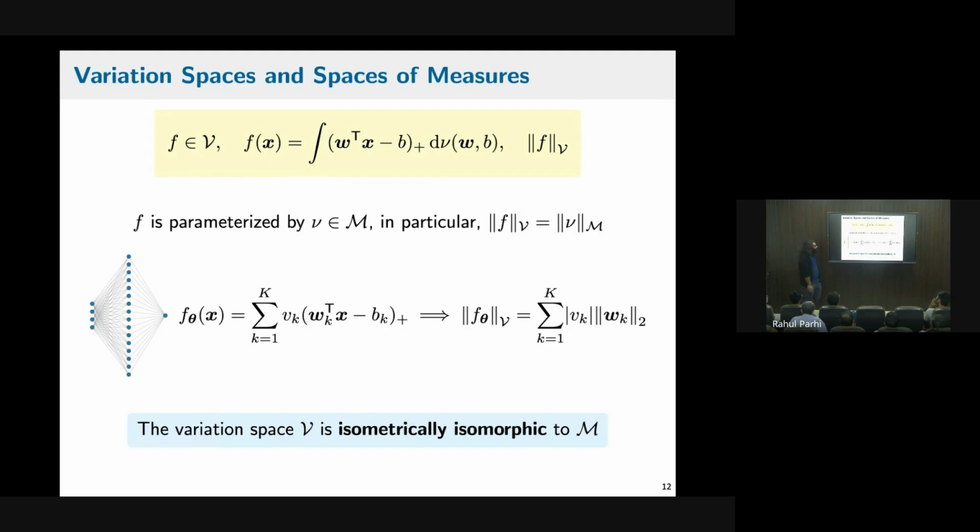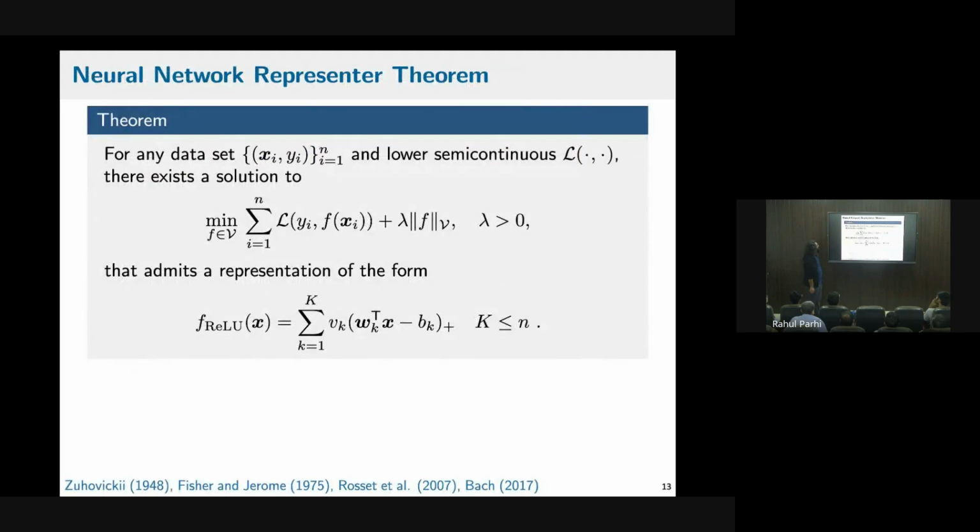Yeah. Cool. So the reason why this genuinely is a correct infinite dimensional perspective on finite width neural networks comes from the fact that you can actually prove a representer theorem for optimization problems over this space.